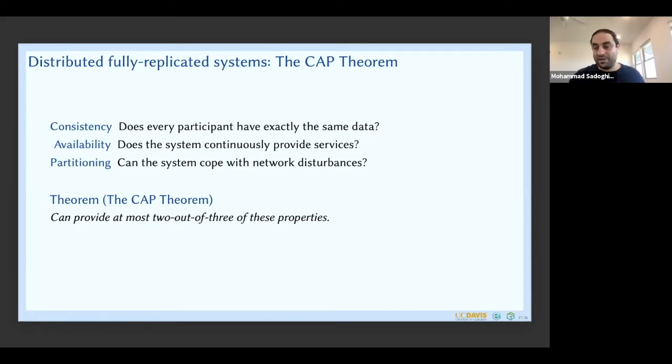Now there's a question. If you care about availability to make progress, you say, okay, I can make progress and I will figure out later that there was a consistency issue. But if you say, no, my system really cares about consistency, I don't want to make any decision that may later turn out to cause inconsistencies, then you stop the service.